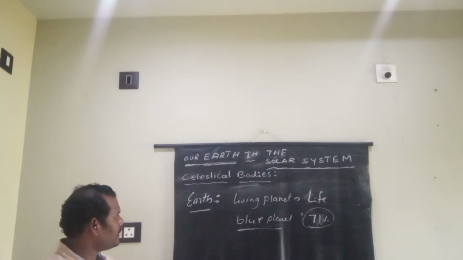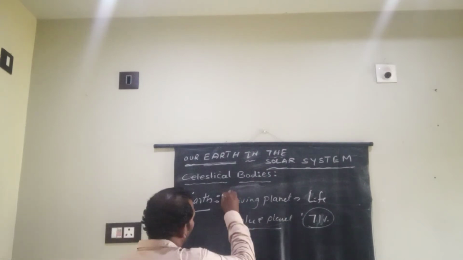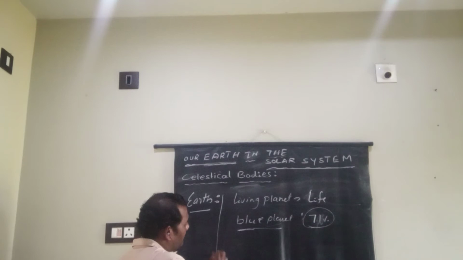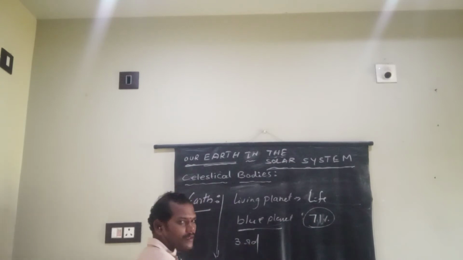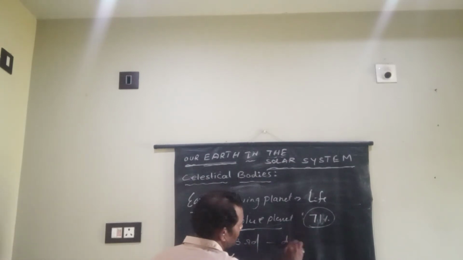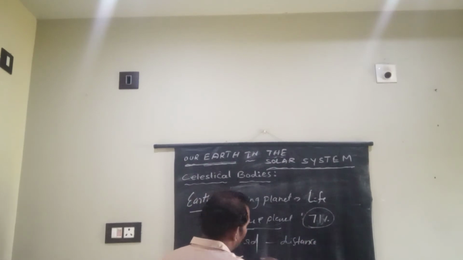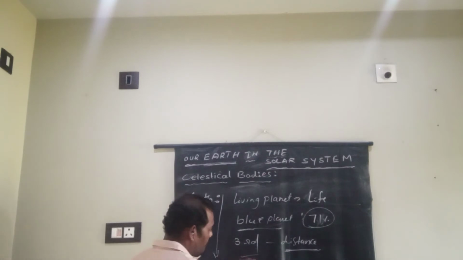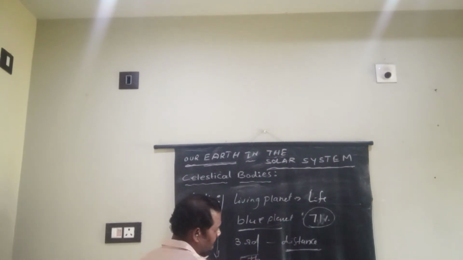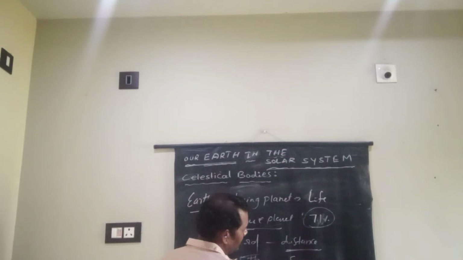Right? And what is the place of the earth among all the planets? It is in the third place according to the distance from the sun, and in the fifth place in size.